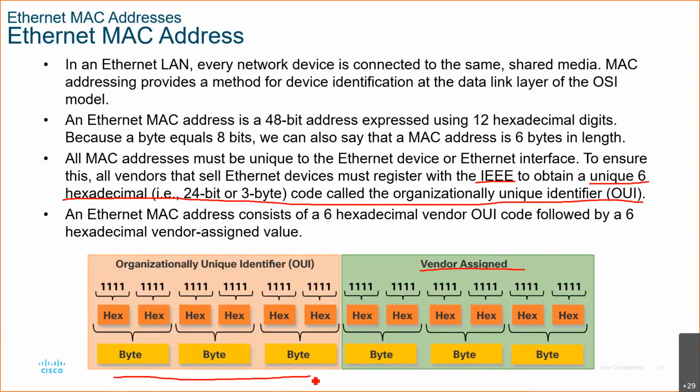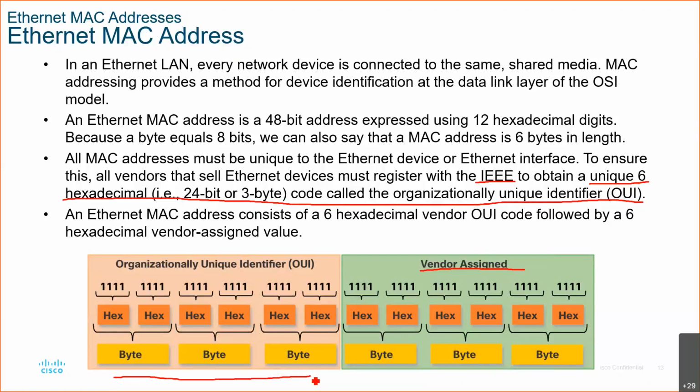For example, they will ask, what is the name of your organization? I'll say I'm going to create a new electronics company called, let's say, Foad Electronics. They'll say, okay, the OUI of your Foad Electronics will start with these 6 hexadecimal values.